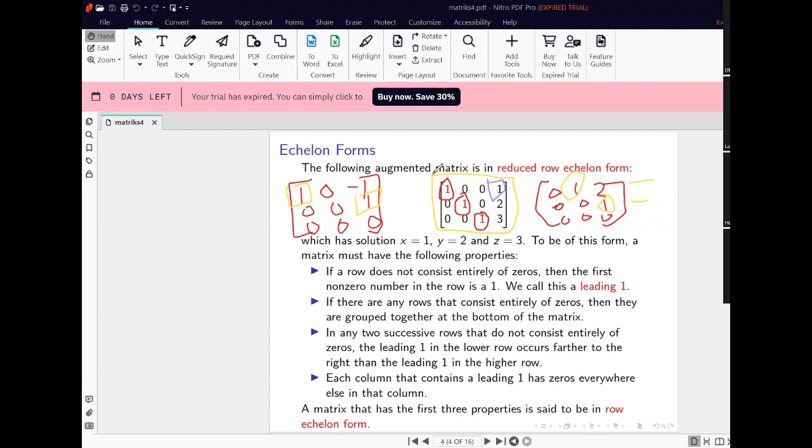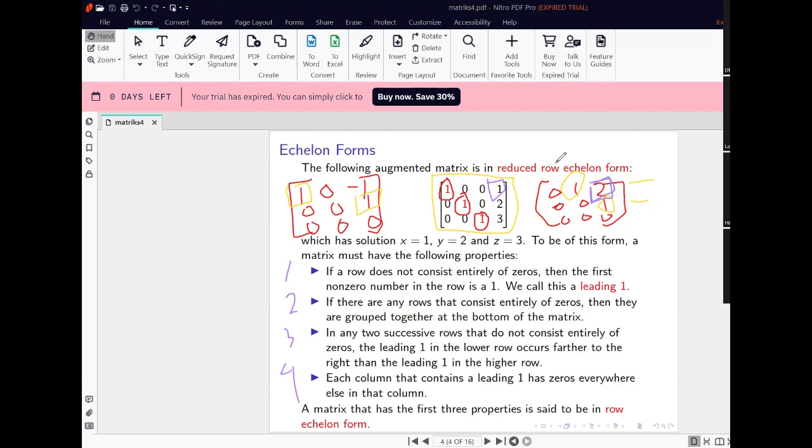Let's take a look at the second example. This is the leading one, and this is the leading one. In this column, there is 2, not zero. So this transformation of the augmented matrix does not satisfy property number 4. It satisfies numbers 1, 2, and 3, but there is a 2 in this column.